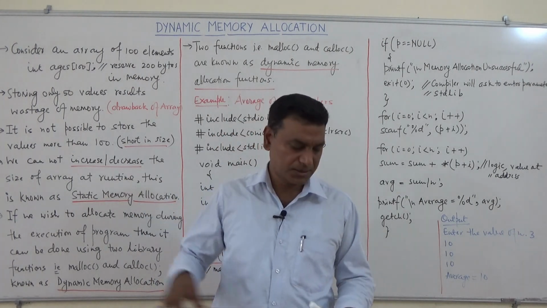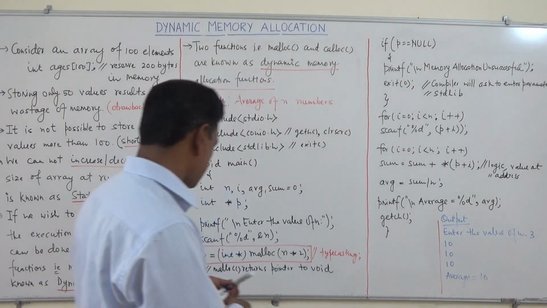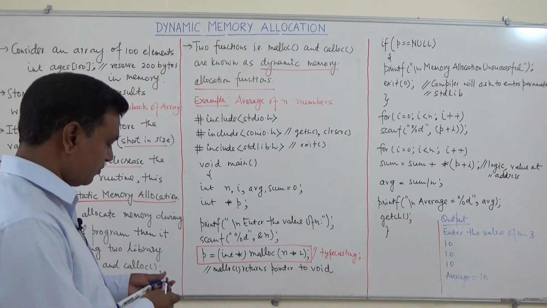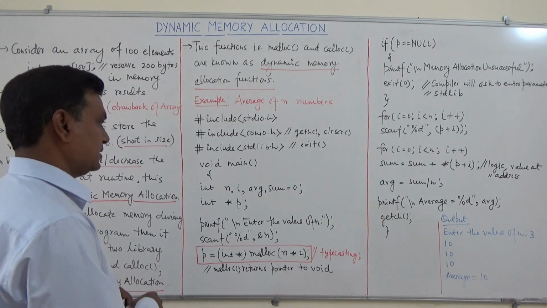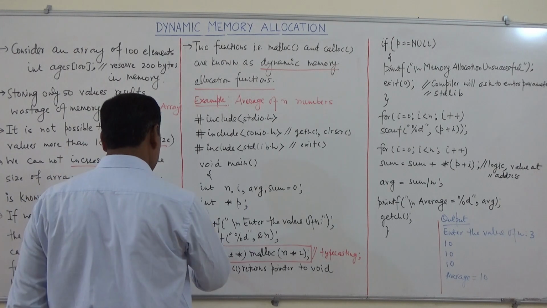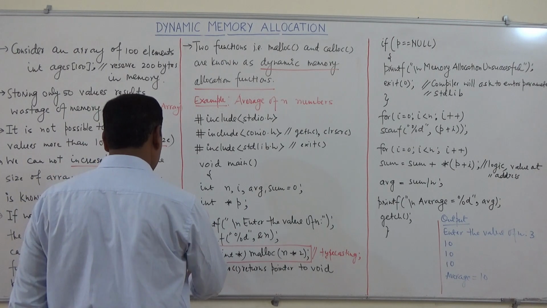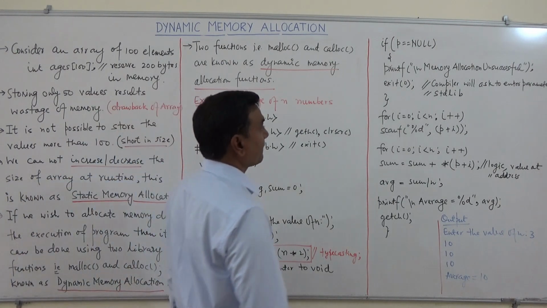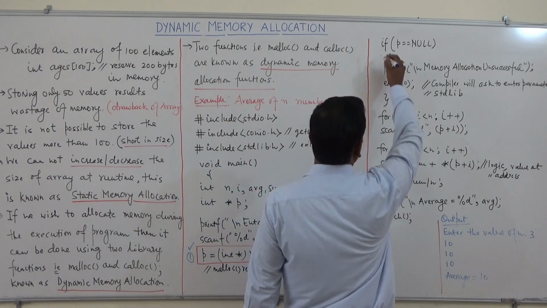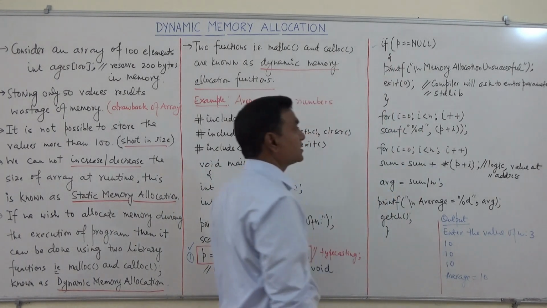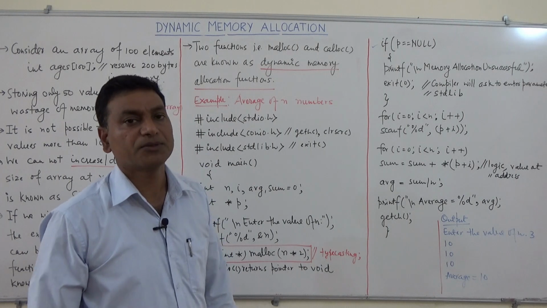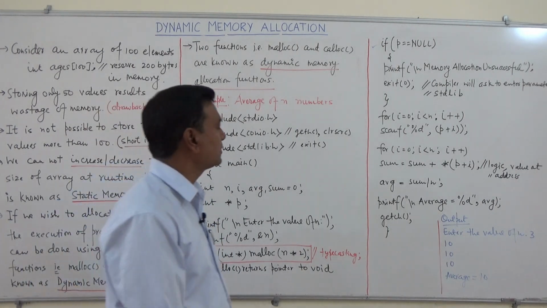So in this program, the important point is this, important point 1, and then this is also important because at this point we are checking whether the memory has been allocated or not.